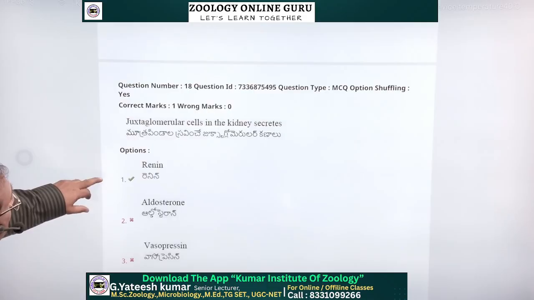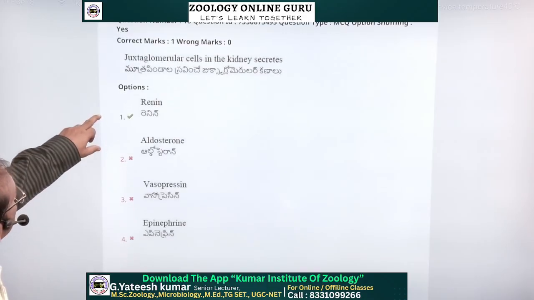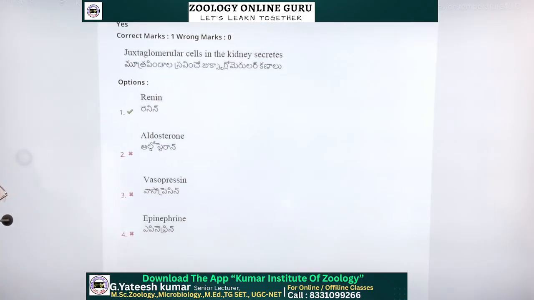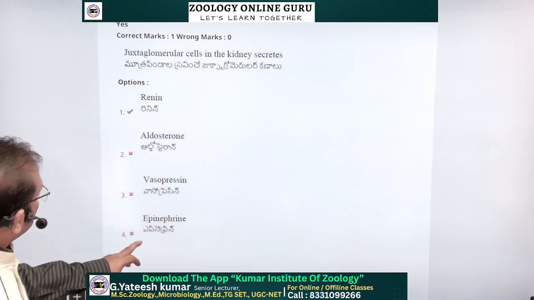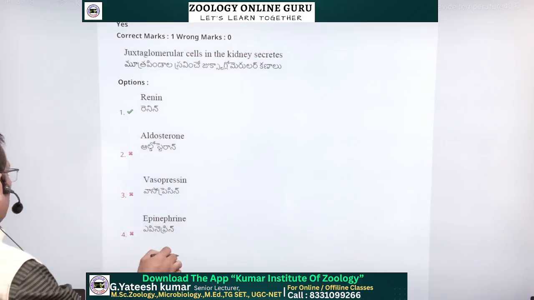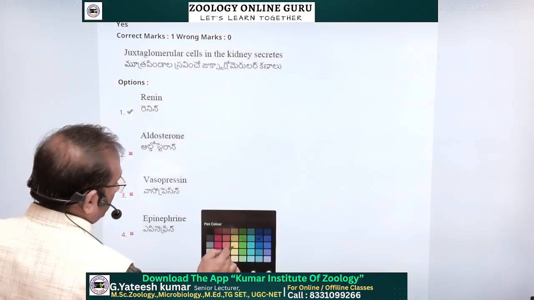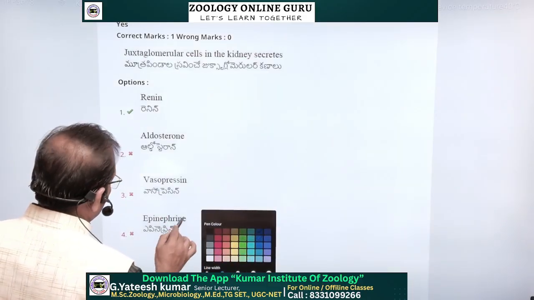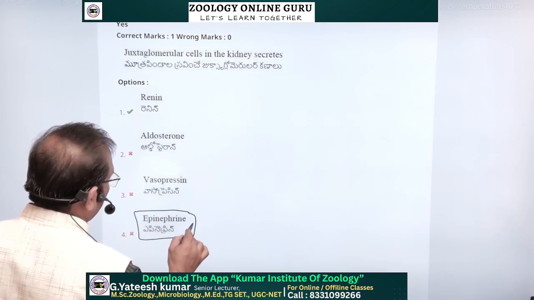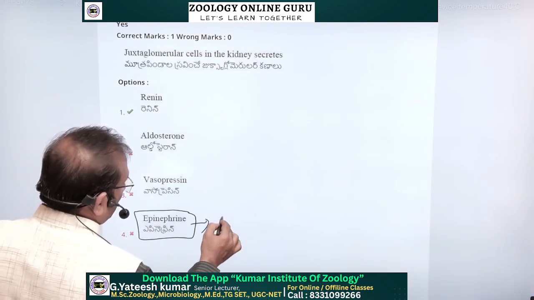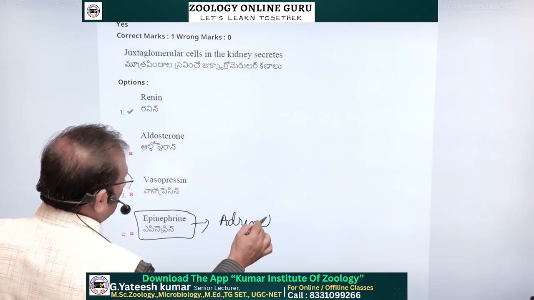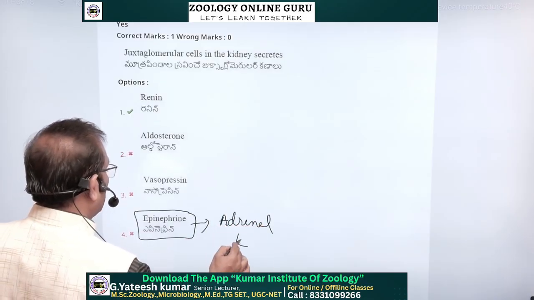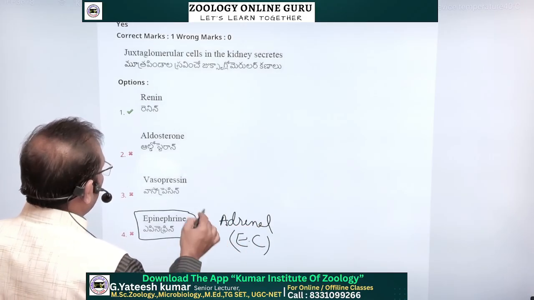Juxtaglomerular cells in the kidney secrete: renin, aldosterone, vasopressin, or epinephrine. Epinephrine we know very well, that is adrenaline from the adrenal gland, an endocrine gland.